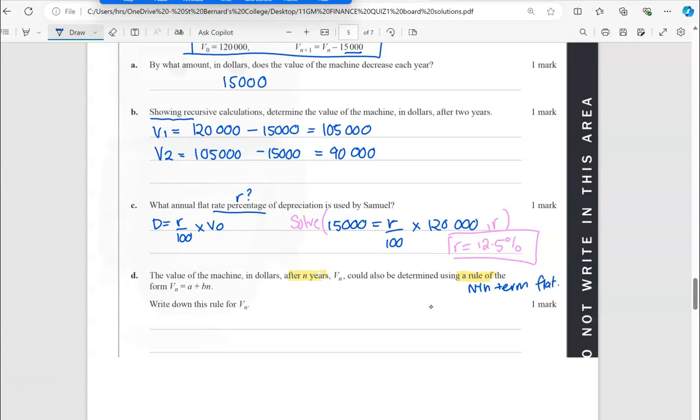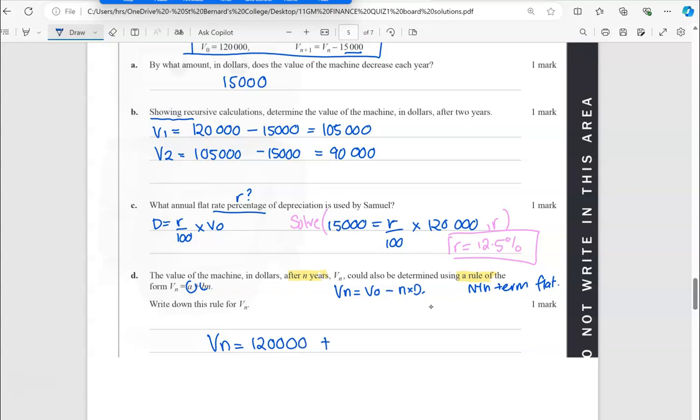So if you go into flat rate, it will say Vn equals VO minus n times D, or whatever. They're just putting different letters in the spot, but you just write it down. What is VO for us? 120. So all it was saying is just write it in that format.